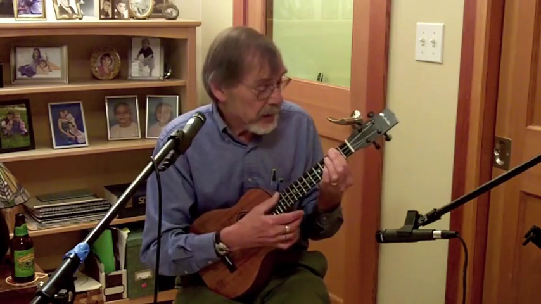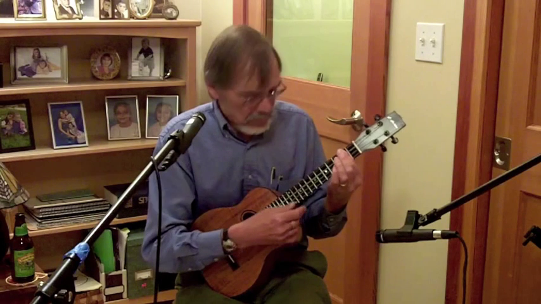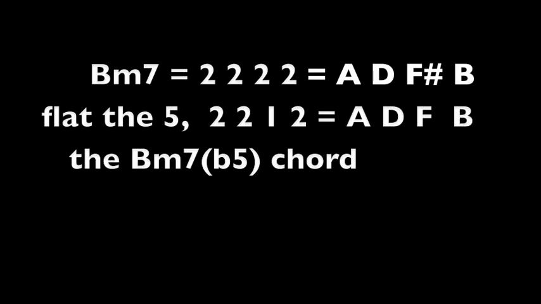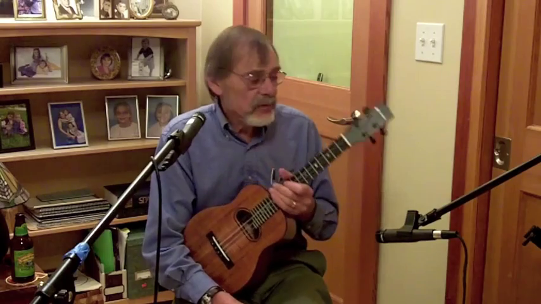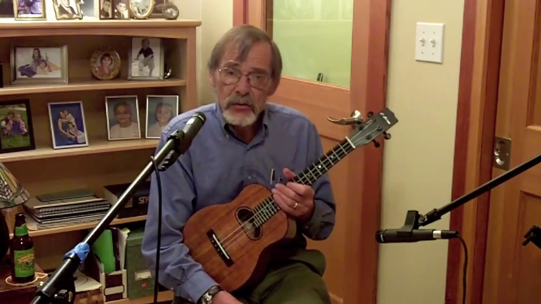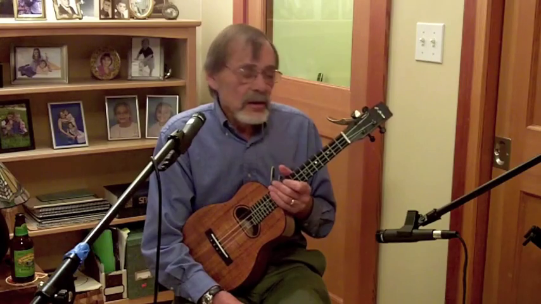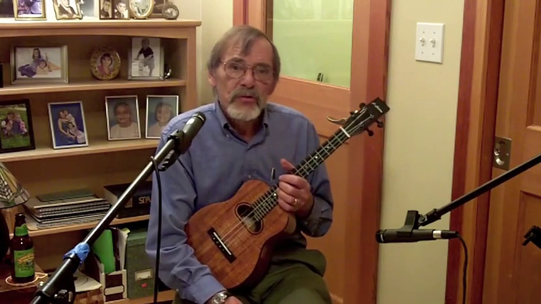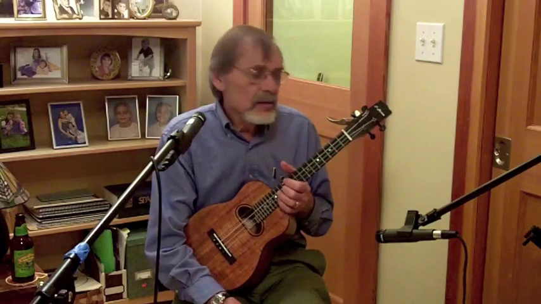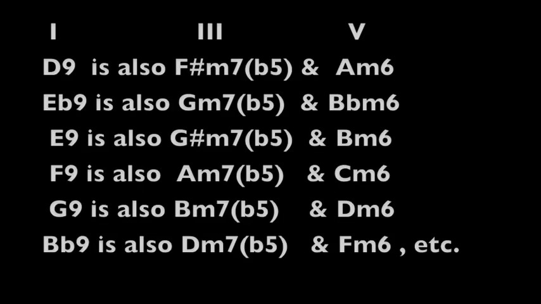This you probably know as a B minor seventh. B minor seventh flat 5, also known as B half diminished. So every ninth chord is also a minor sixth chord and is also a minor 7 flat 5. And I'll show those on the next two little slides so you have all those equivalencies.